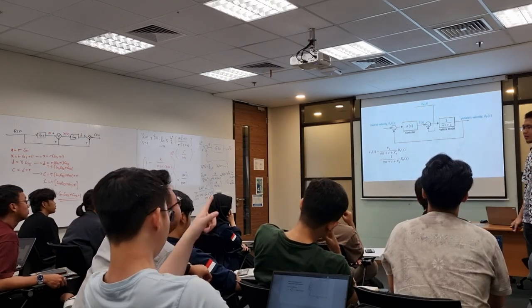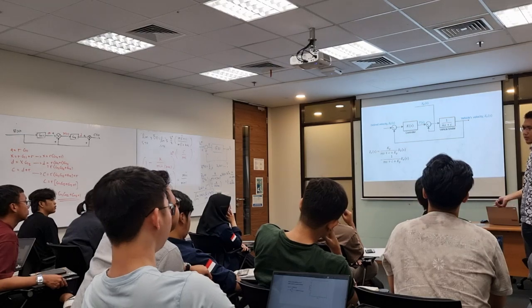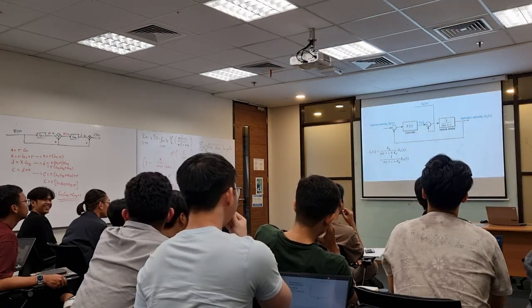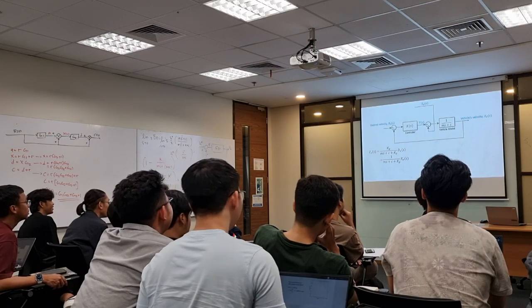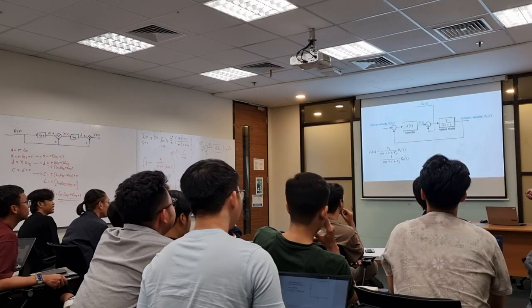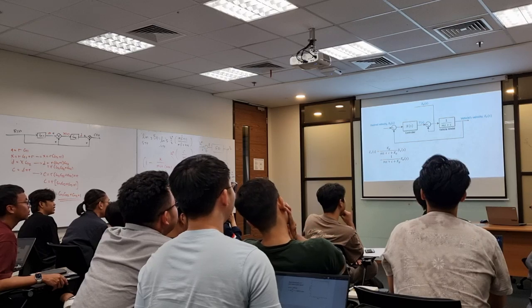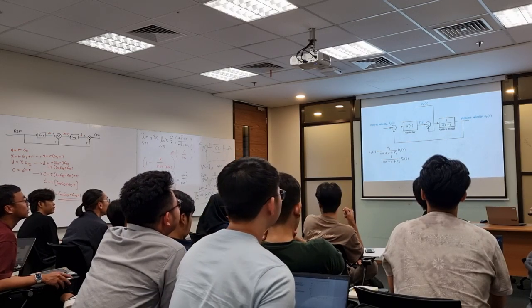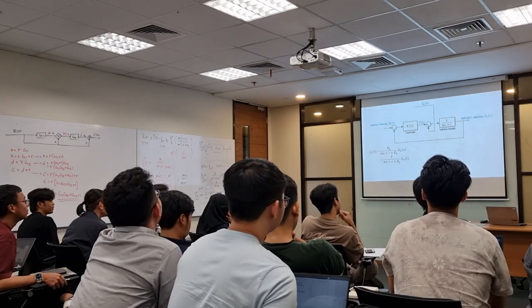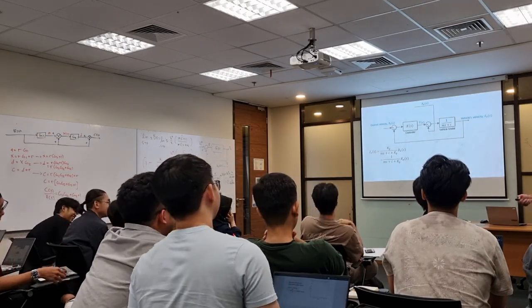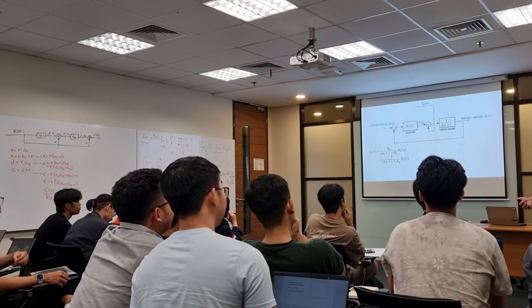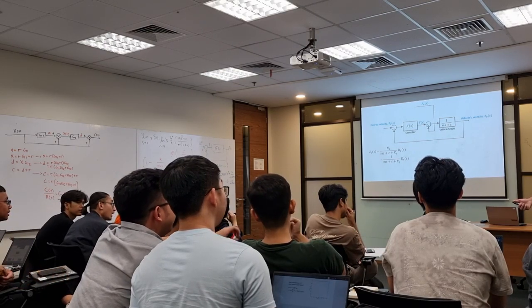I will leave it as your exercise because it will also come in the homework. KP is the proportional controller here, P for proportional. If the control is PID, there is KP, KI, KD.